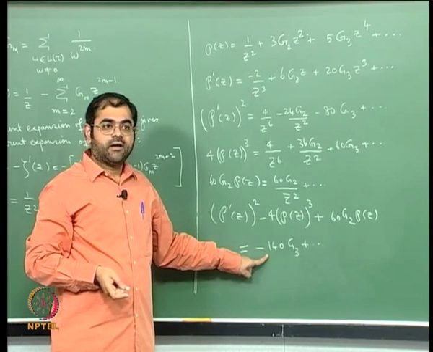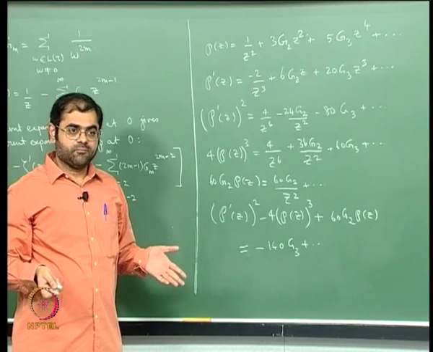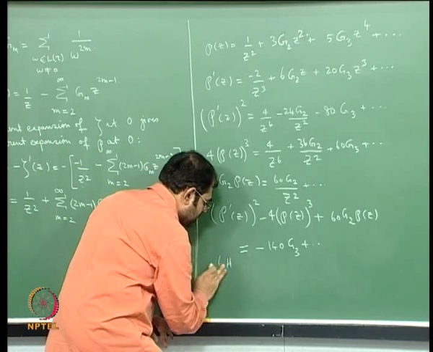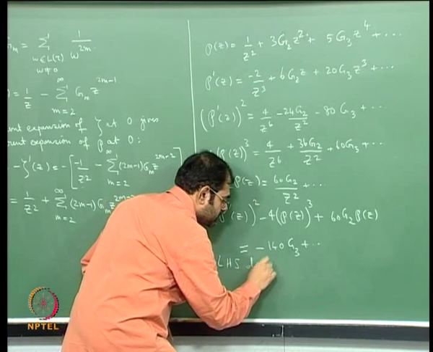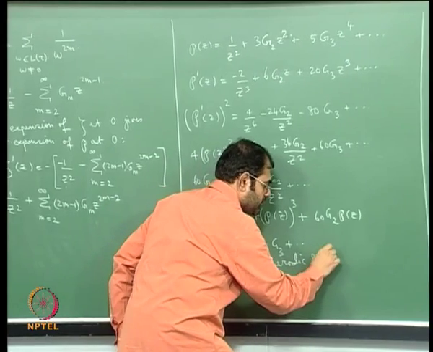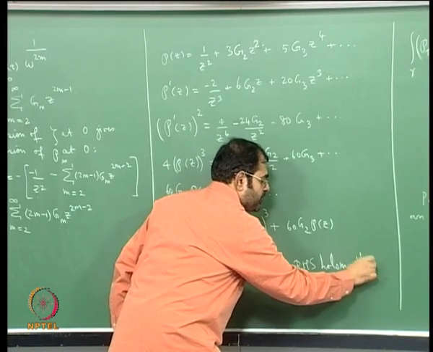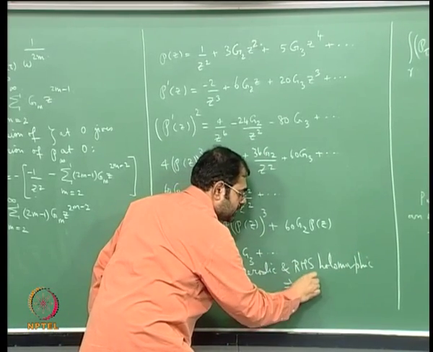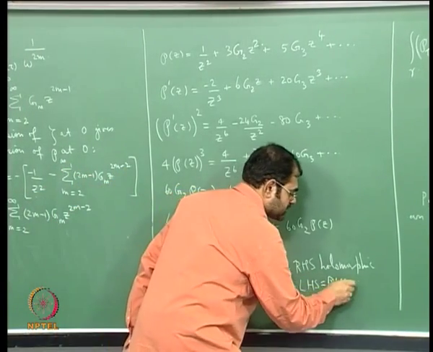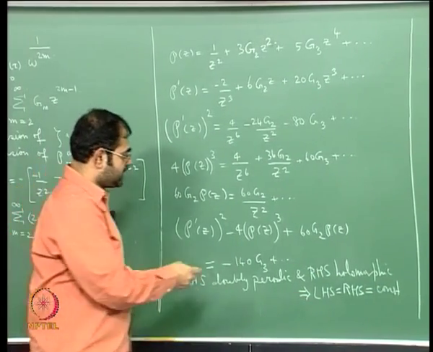But we already know that a doubly periodic function which is holomorphic has to be a constant, by Liouville's theorem. So the left side being doubly periodic and the right side holomorphic imply that the left side is equal to the right side is equal to a constant.